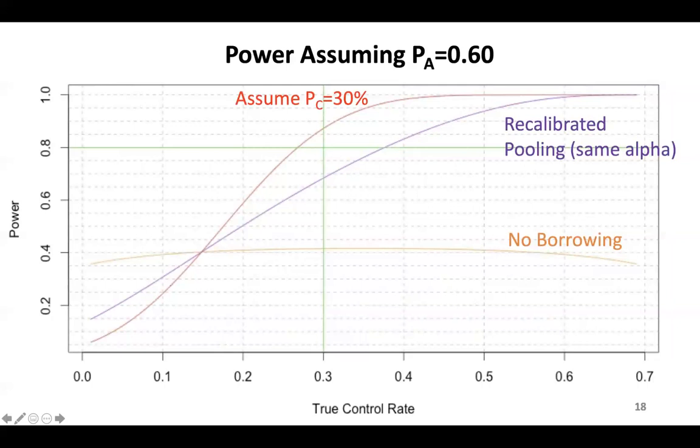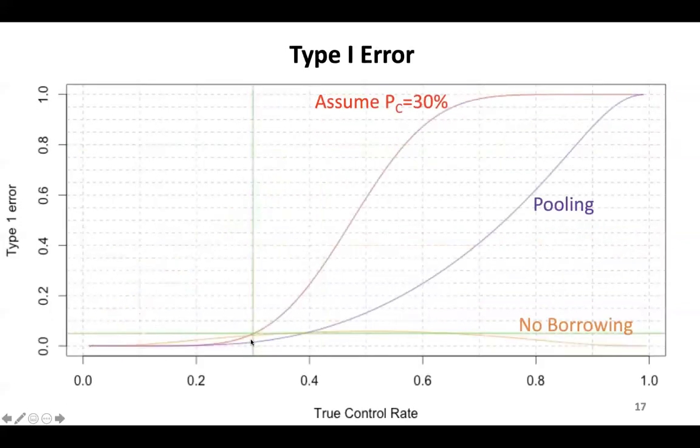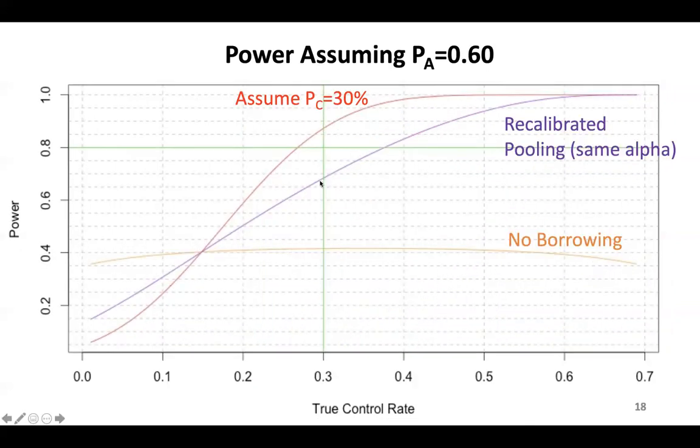It's not all the way up to 87% that we had with the single arm trial. Notice I recalibrated things a little bit to make a fair comparison on power because we had decreased type 1 error. So I just raised the threshold so it had similar type 1 errors to the other 2, to show what its power would be in comparison to no borrowing or a single arm trial.